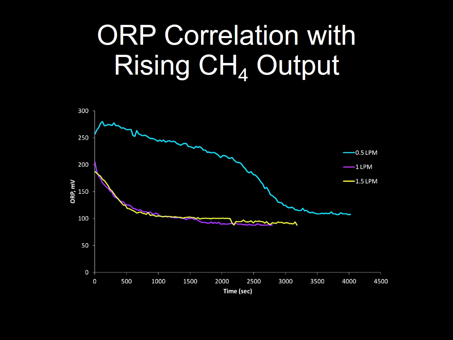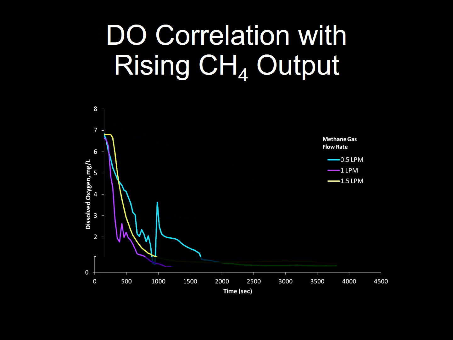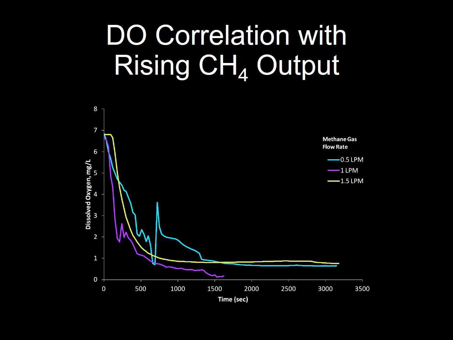More correlation with increasing rates of output of methane. Here, instead of ORP, using DO, so dissolved oxygen concentration. You can see here the trend for all 3 different rates is relatively similar. So as said with ORP, it's more or less a flag to indicate that there might be leakage.